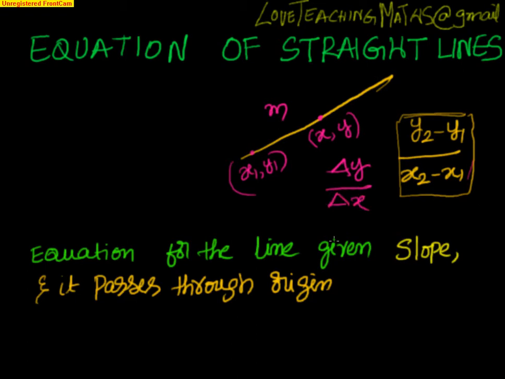What I mean to say, delta y by delta x is always constant for a line, because that's nothing but slope. And you know slope of a line will not change because you are not bending, it's a straight line. So that's the whole concept. Okay, with that, let's move ahead.